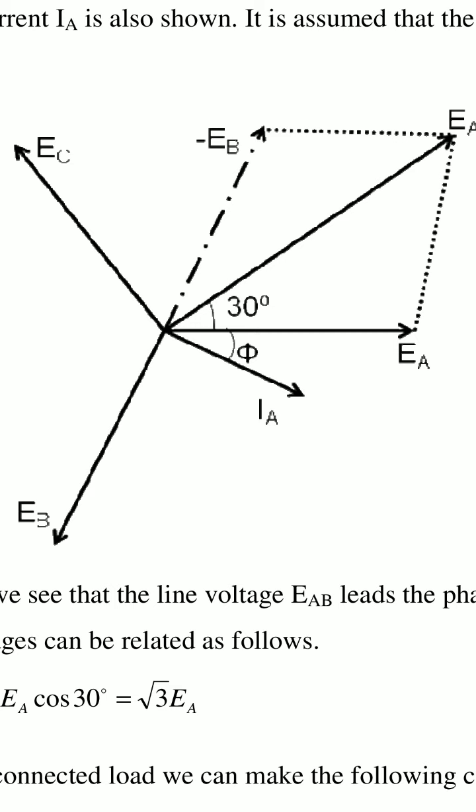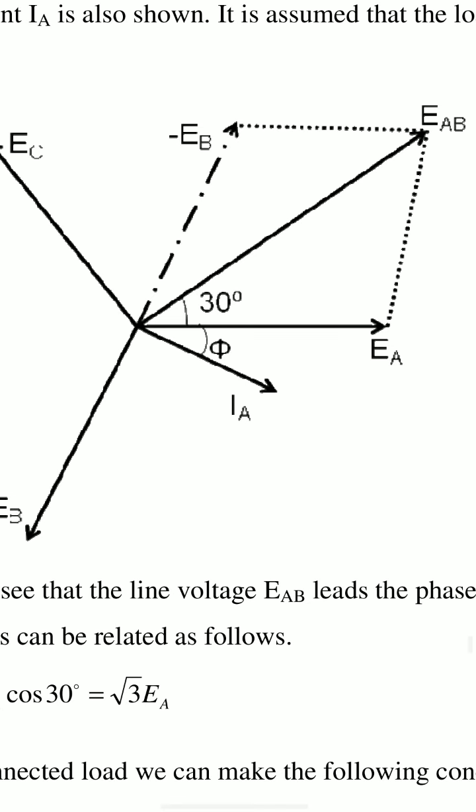So the resultant of EA and minus EB gives EAB, that is the line voltage.